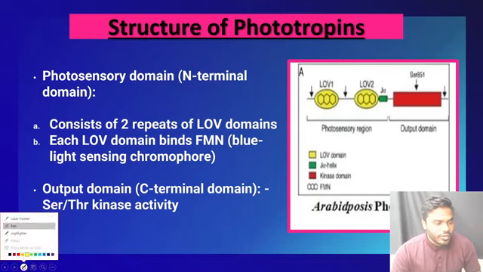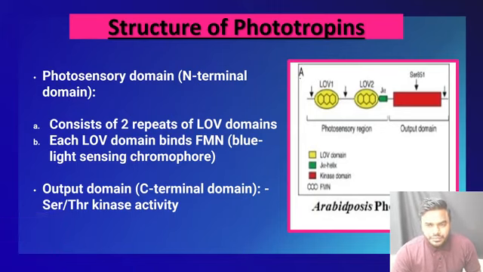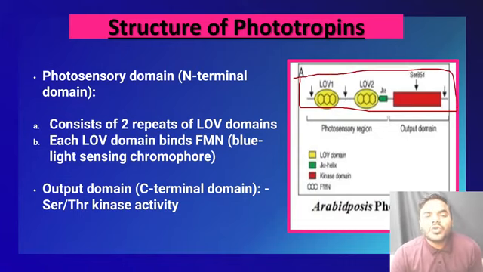Every student look into the picture carefully, friends. This is the structure of phototropins. Phototropin contains an N-terminal domain and a C-terminal domain. You all can see this. All the students listen to me.